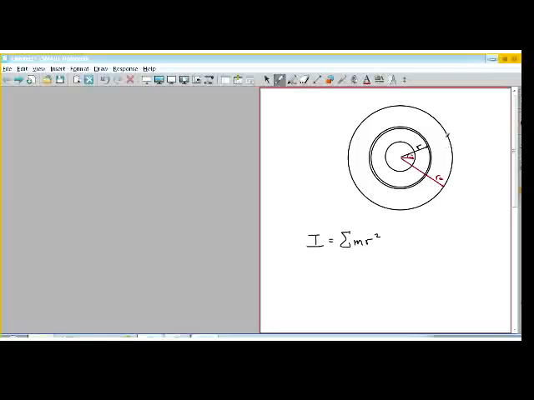So if we look at this infinitesimally wide radial part, it's going to have an amount of mass dm.